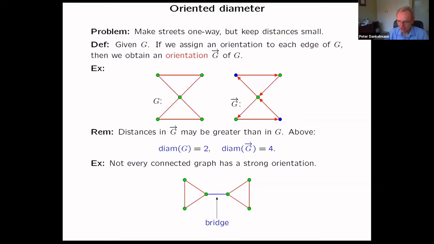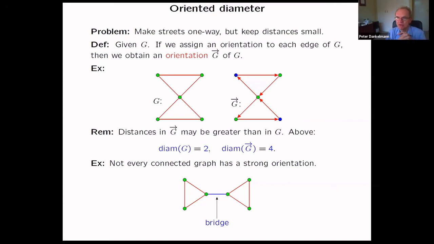And as you have seen, I do like looking at distances in graphs and distances in diagrams. And there is one very natural way of connecting them, and that's looking at orientations of graphs. So let's say in the real world, we have the problem that in a town, we want to turn all streets one way to reduce number of accidents and improve traffic flow and all of that.